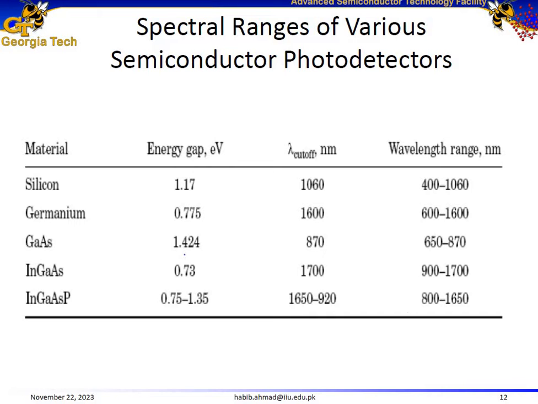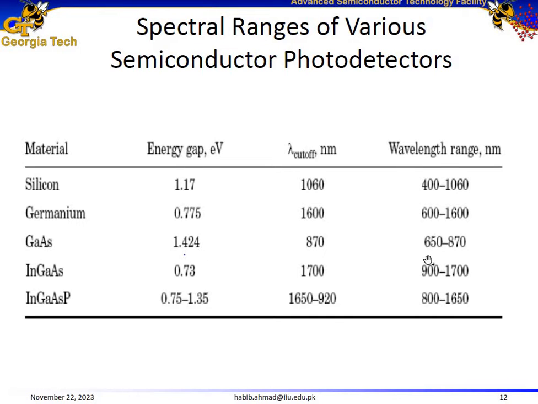Another figure of merit for photodetectors is spectral response range, which is the range of wavelengths over which the photodetector will operate. For example, for silicon-based photodetectors, the spectral response range is approximately 400 to 1100 nanometers.